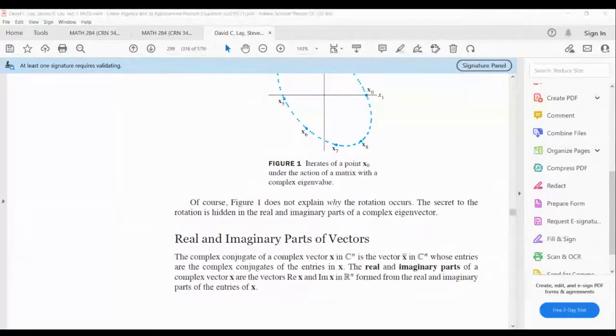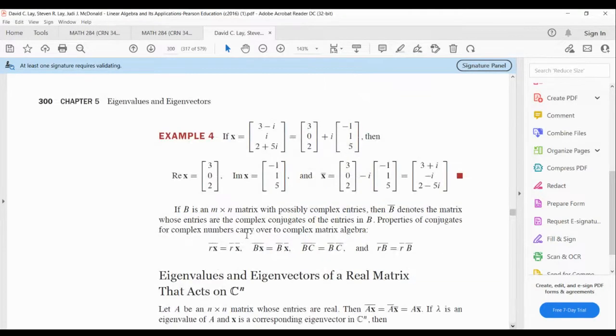Like the real and imaginary part of a complex number. But in example 4 here, you have this vector. I want to be careful, I don't want to call it a complex eigenvector. It's just a vector with complex numbers in it.